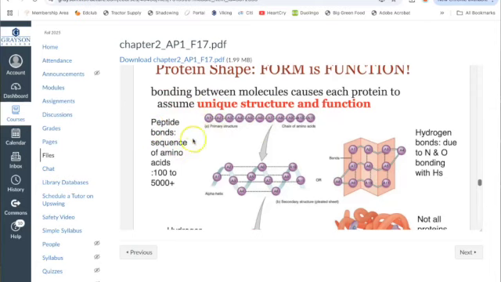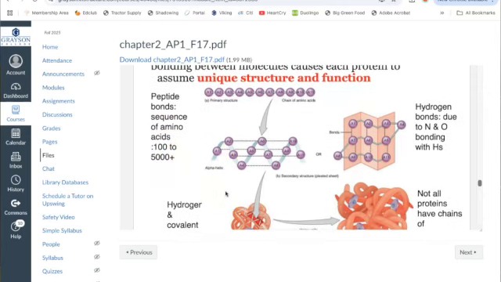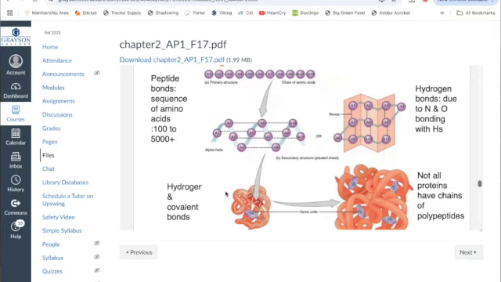Okay, so protein is made of amino acids. It could be hundreds to thousands of amino acids together. First, it is formed into an alpha helix, just a circular shape like that.